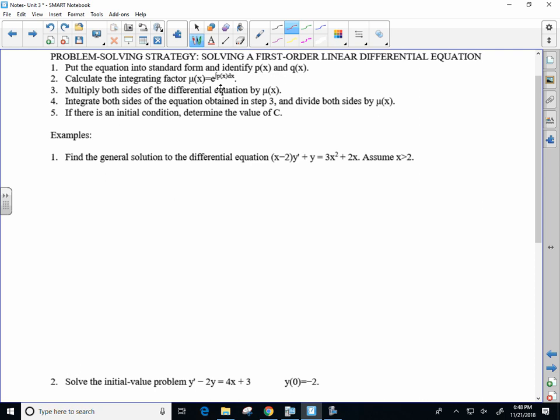All right, the reason why we do that is to make the left-hand side of your differential equation the result of the product rule for derivatives. All right, so this here needs to be the result of the product rule for derivatives.